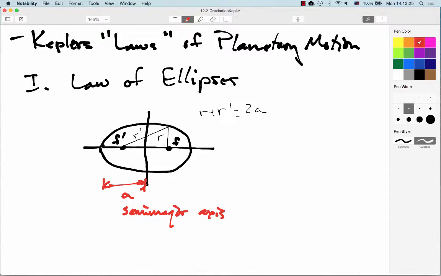This distance right here is the semi-major axis of the ellipse. Conventionally, this distance b right there is the semi-minor axis. So this whole bit here would be the minor axis. That's the semi-minor axis.